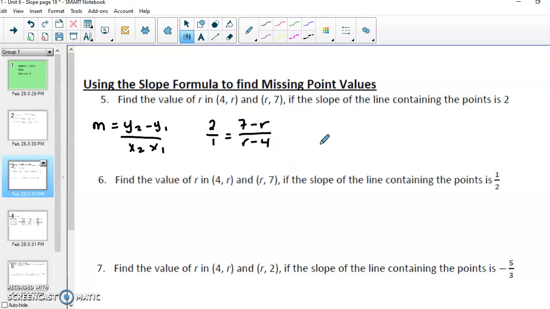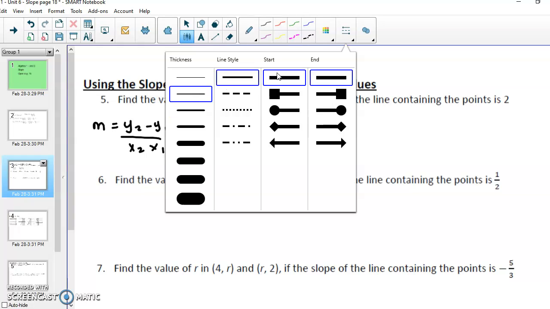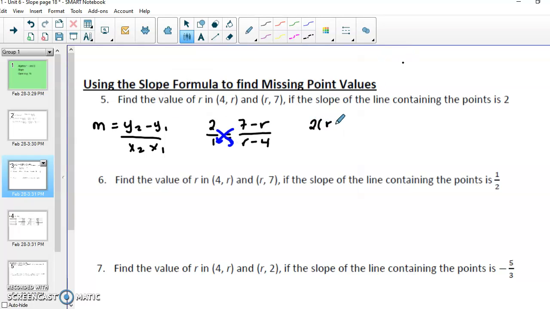We've got 2 r's here, which is a little weird, but there is a trick. The best way to solve this is to cross multiply. So we have this equals this. 2 times r minus 4 equals 1 times 7 minus r. 2r minus 8 equals 7 minus r.